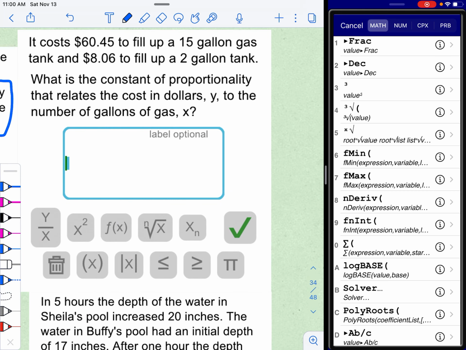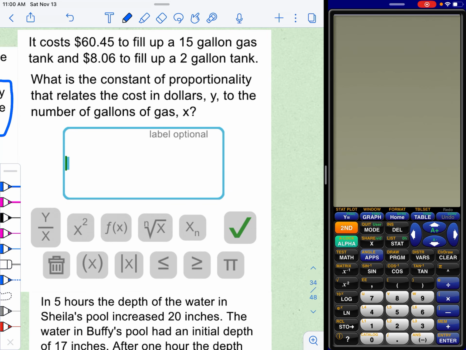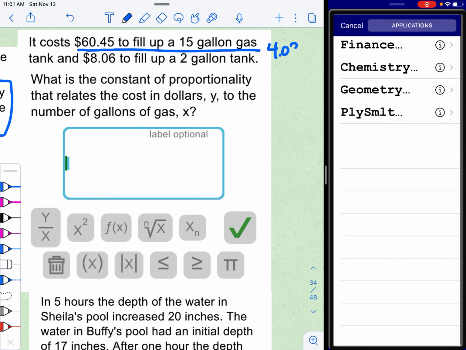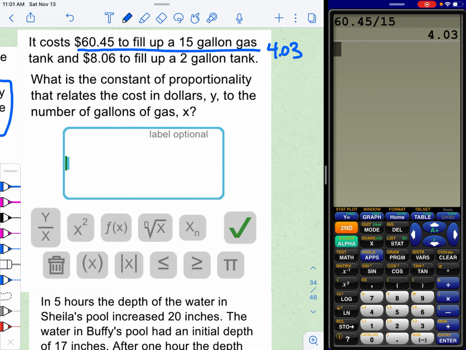Let's see, it costs $60.45 to fill up 15 gallons of gas. Okay, so this one I want to divide out. I'm going to take my $60.45 and divide it by 15 to see how much per gallon. So $60.45 divided by 15, all right, so I have 4.03. I'm just going to write 4.03 up here.